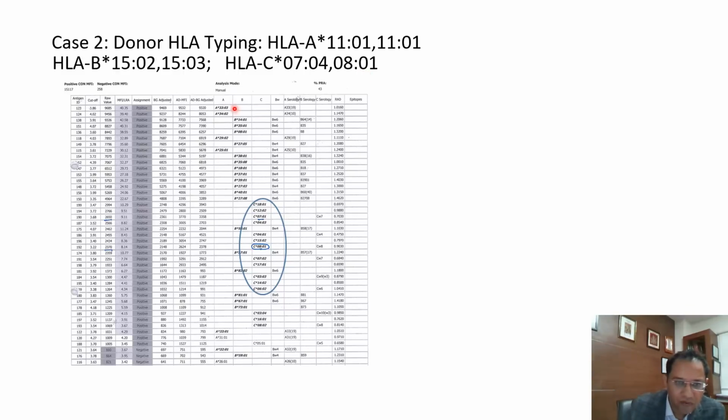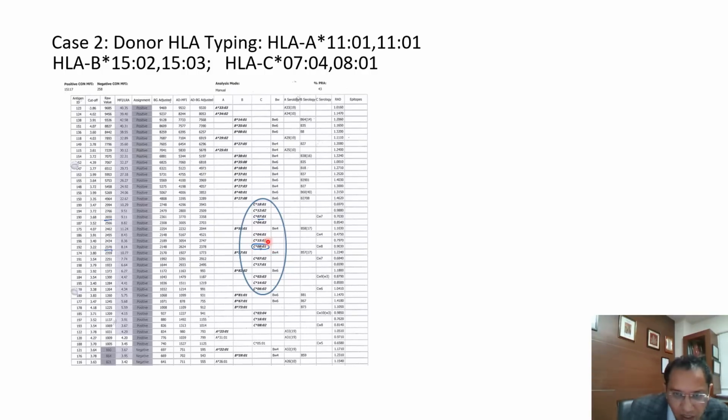After comparing, we saw that none of these antigens are present here in the positive range, but what is present is that C is positive and C07 is positive at various ends. So C0701, then C0702, C0801.